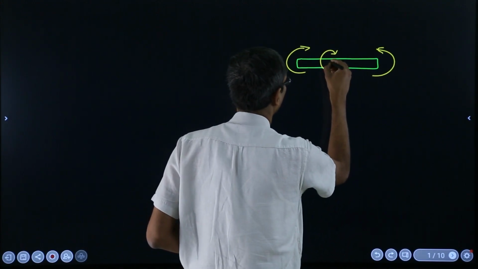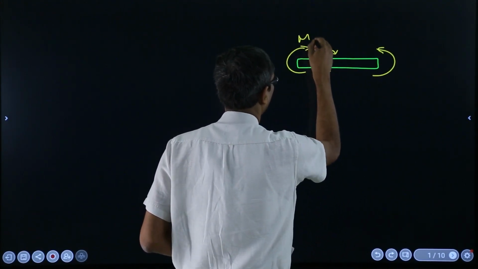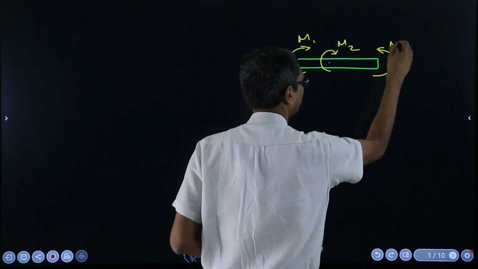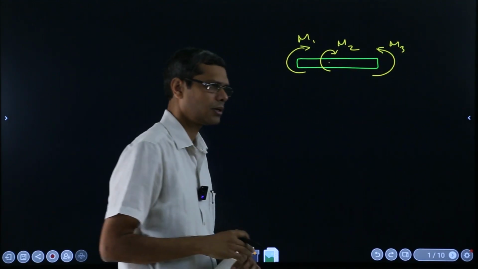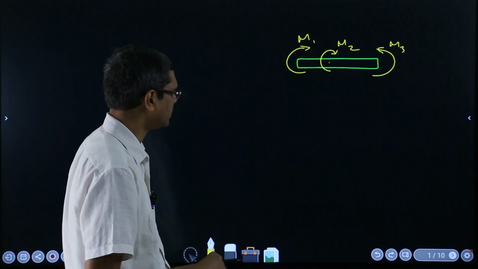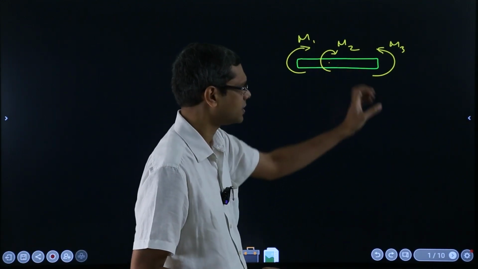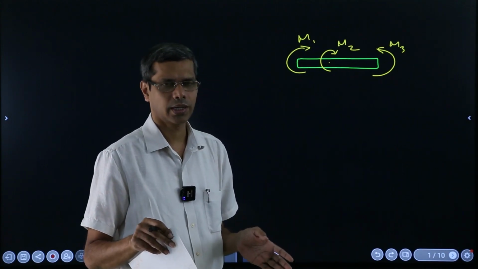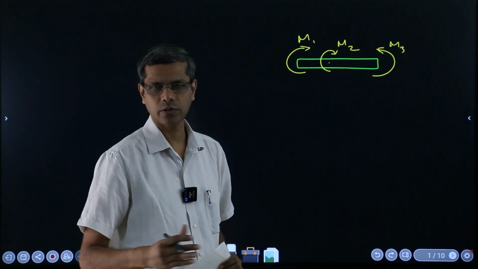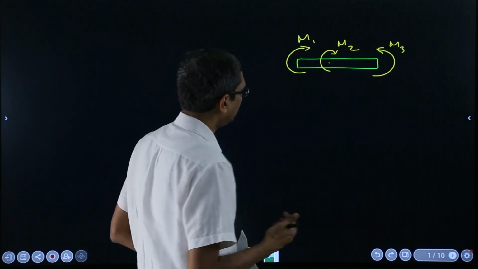For example, say M1, M2 and M3: if such a multiple load case exists, you know what to do, so that you can segmentize things, and each of those segments is again a pure bending case.